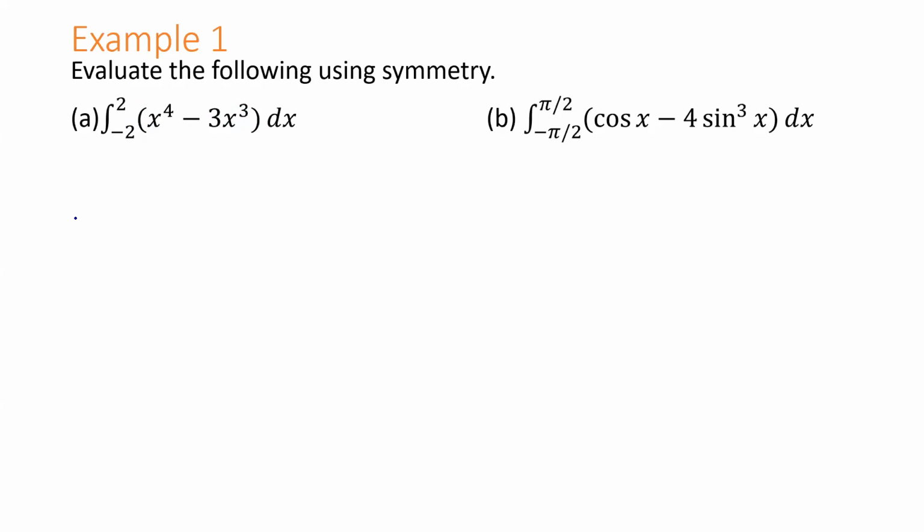So I'm going to actually integrate from -2 to 2 of x to the fourth, and then minus 3 times the integral from -2 to 2 of x cubed. Because now here we can exploit the symmetry. We know x to the fourth is an even function, has that even symmetry.